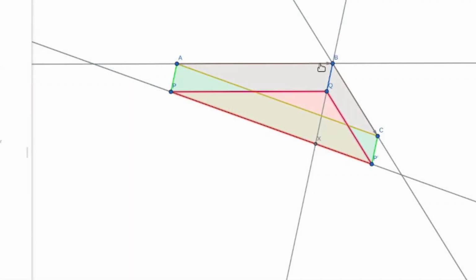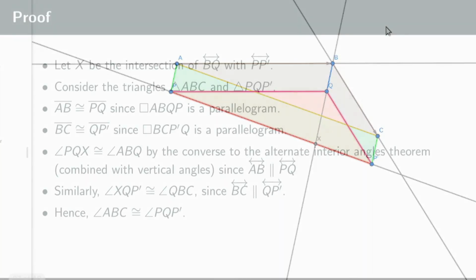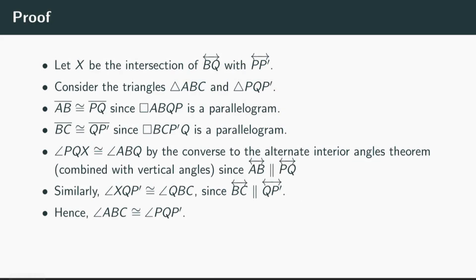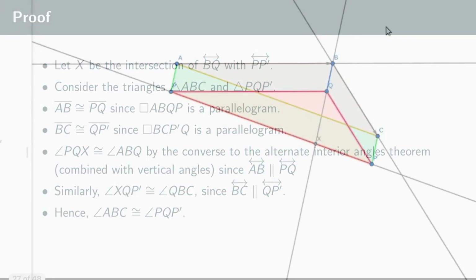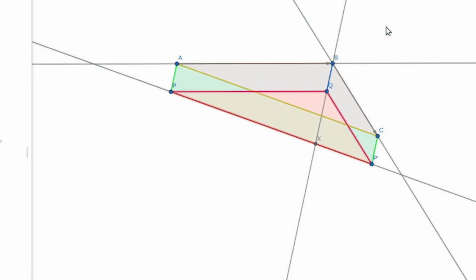Now, these two angles together add up to give me angle ABC and angle PQP prime. And therefore, angle ABC is congruent to angle PQP prime. And hence, from side angle side, the triangle ABC is congruent to the triangle PQP prime.